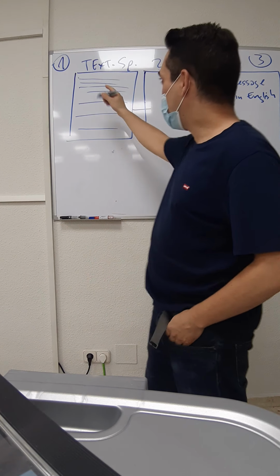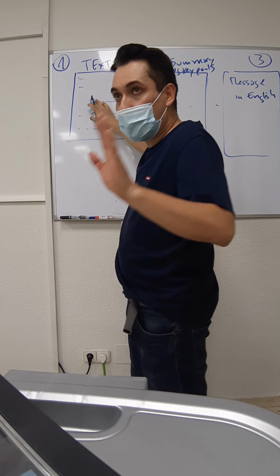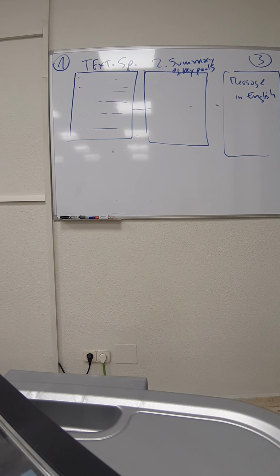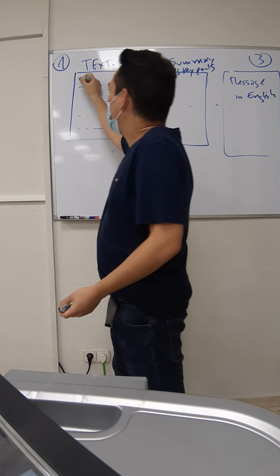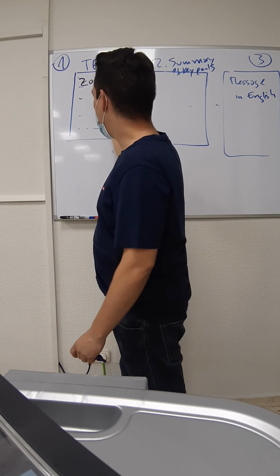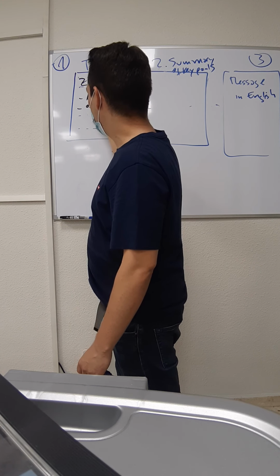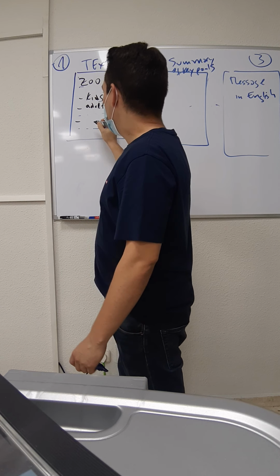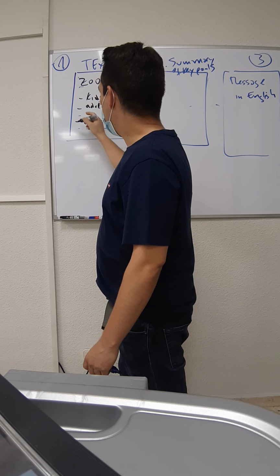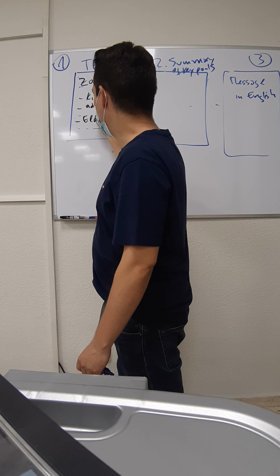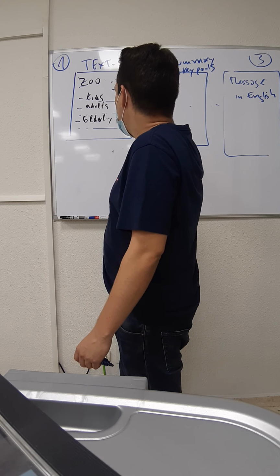Just to give you an example, imagine that the Spanish text is about going to the zoo, and it's about the price of the tickets for kids and the price of the tickets for adults, and the price of the tickets for elderly people, among any other types of information.